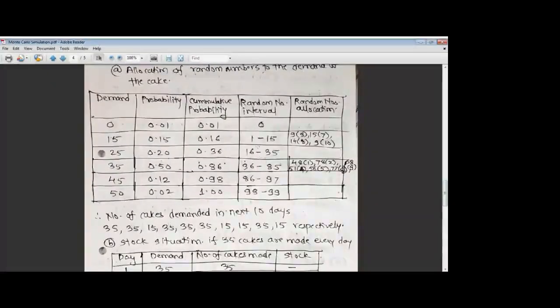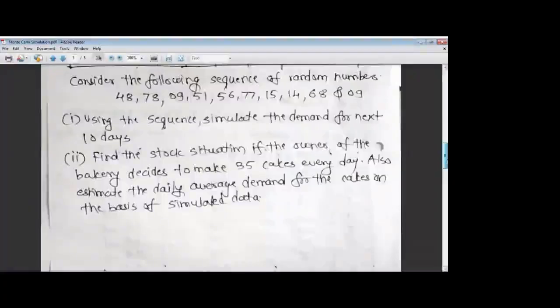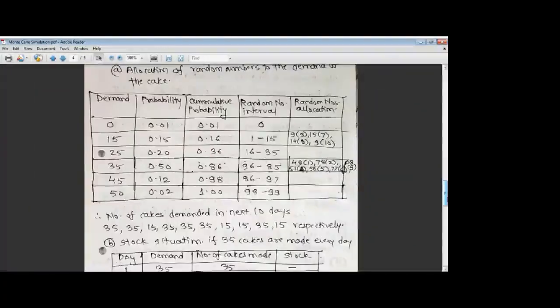Again 78 falls between 36 and 85, and I've put it in this column, with 2 in brackets. The next random number is 09, which falls in the range of 1 to 15, and I have put 9 here, with 3 in brackets.